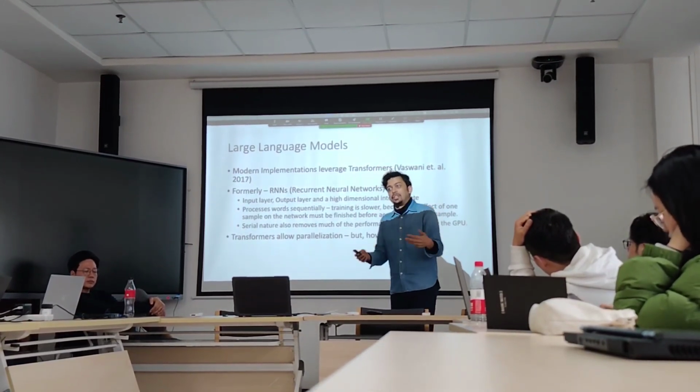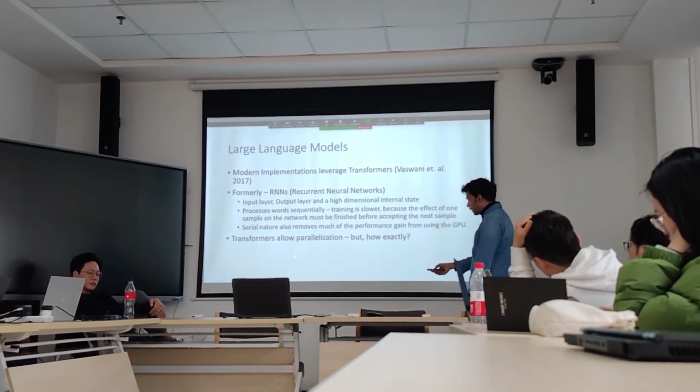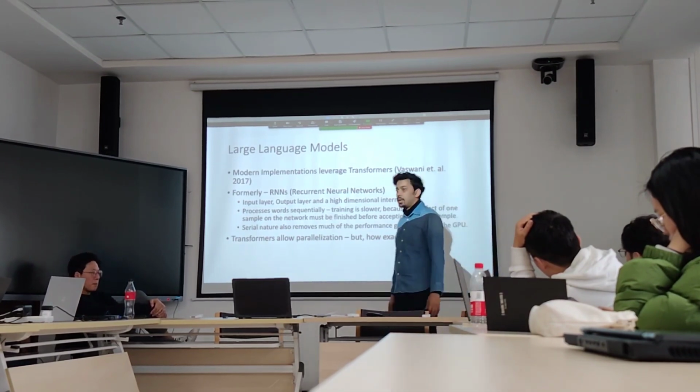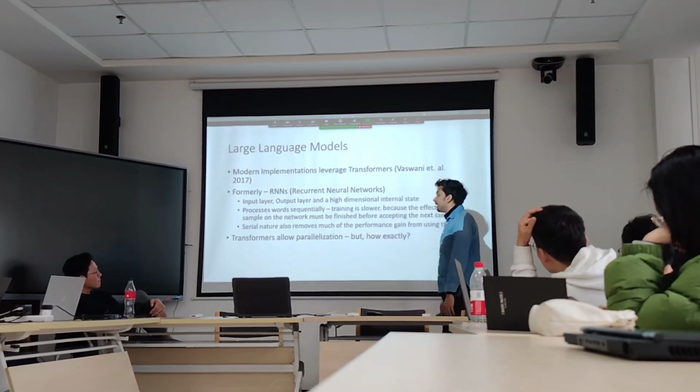So it is sequential. That is fundamentally the issue. And as I said, the serial nature also removes much of the performance gain from using the graphics card. I can't do anything with 5,000 cores if I can only use one of them at a time. So no point.